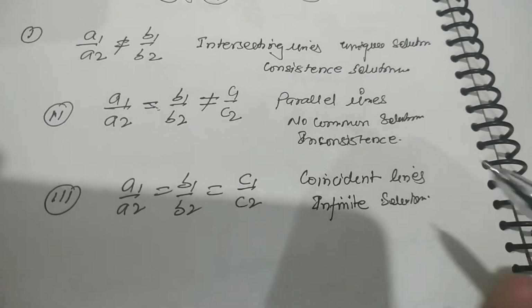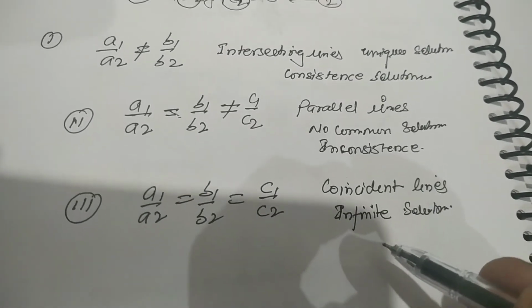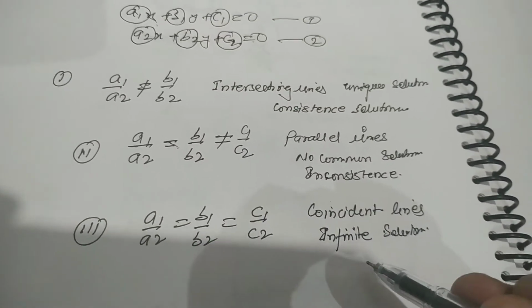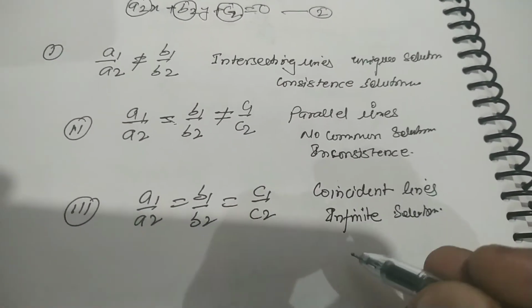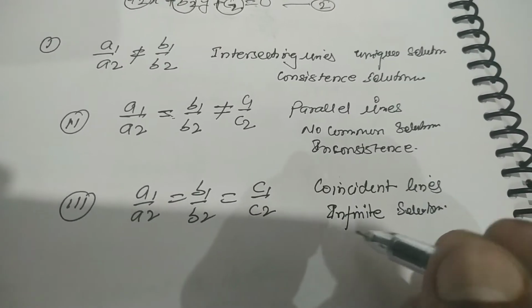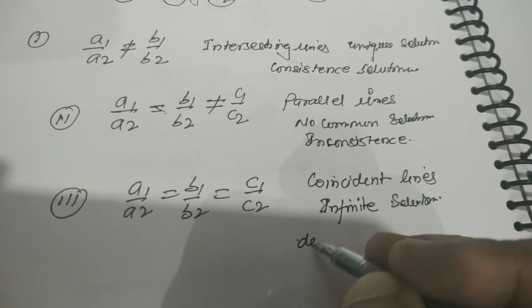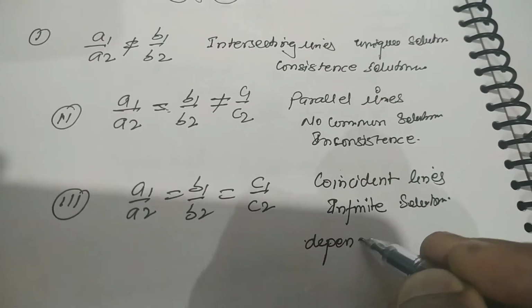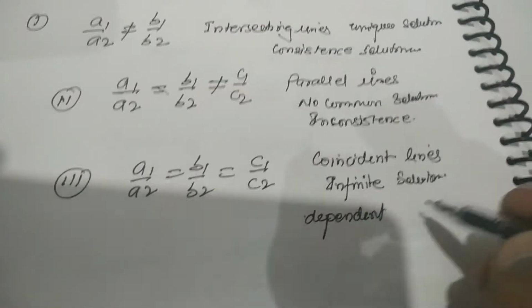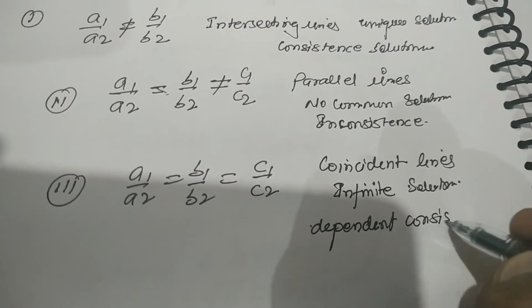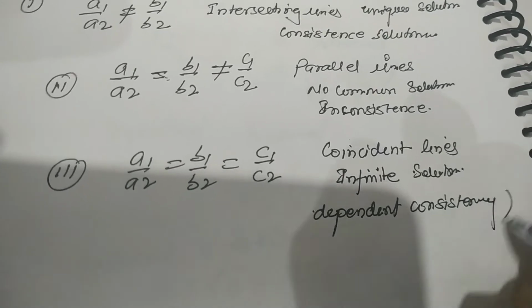That means there are infinitely many solutions which satisfy both equations. Such a solution is called consistent but dependent. This is the condition of dependent consistency.